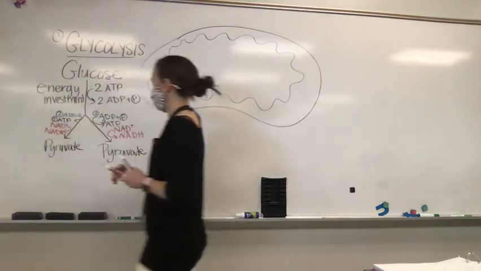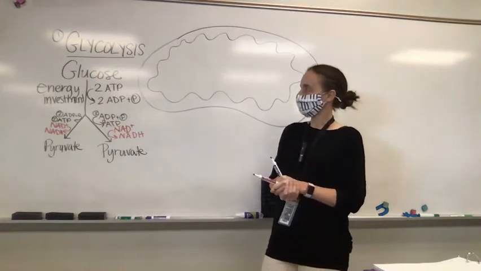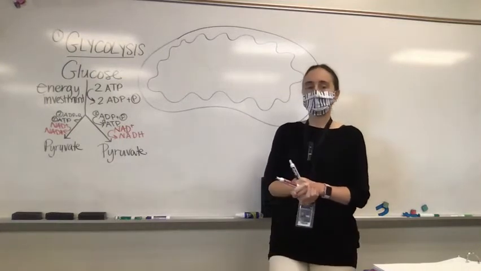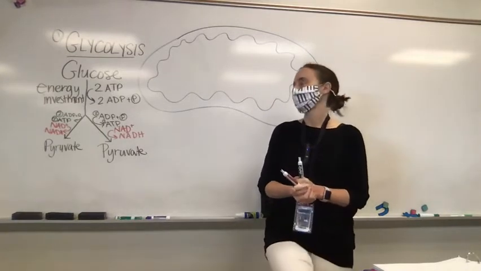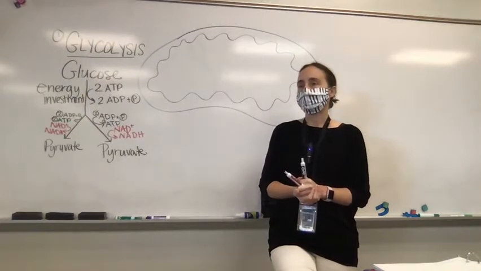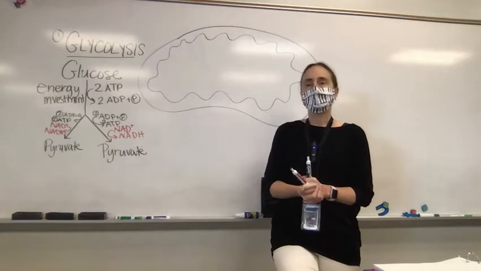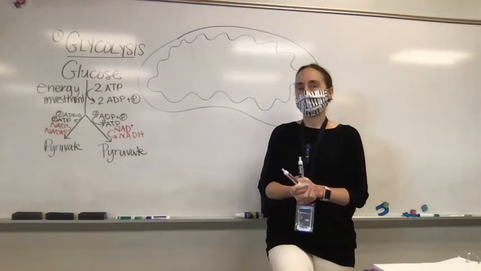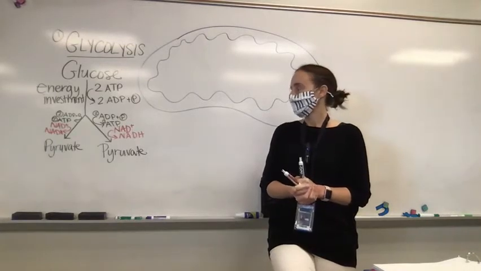Okay, so, all right, glycolysis happens outside the mitochondria in the cytosol, or the cytoplasm, don't call it that. It has to invest a bit of ATP to break the glucose in half. After it does that, then it goes through its energy payoff phase, where it converts the molecule a few different times.